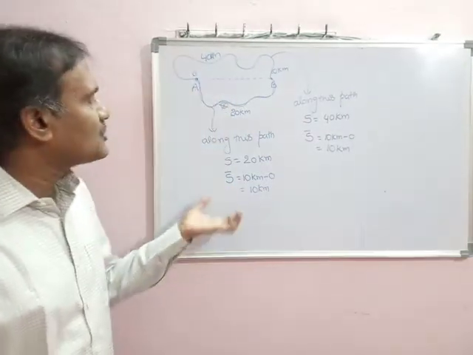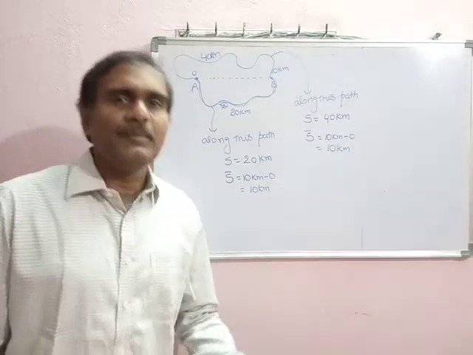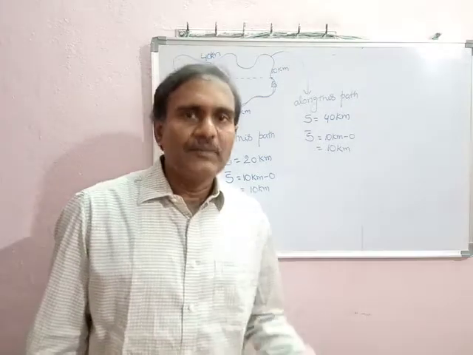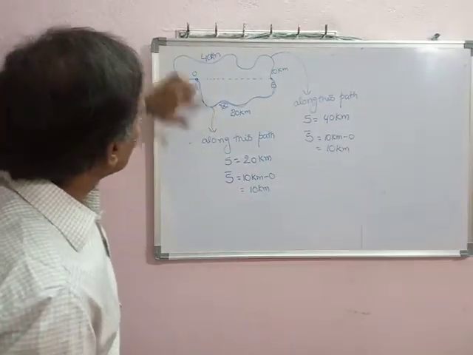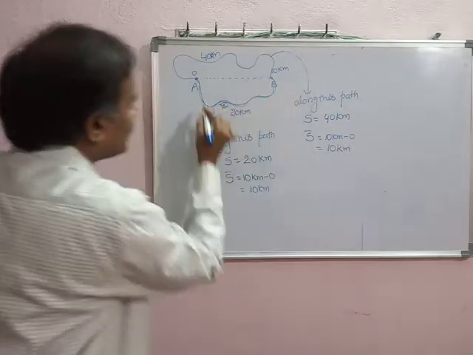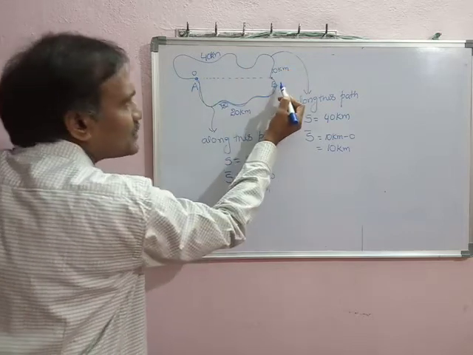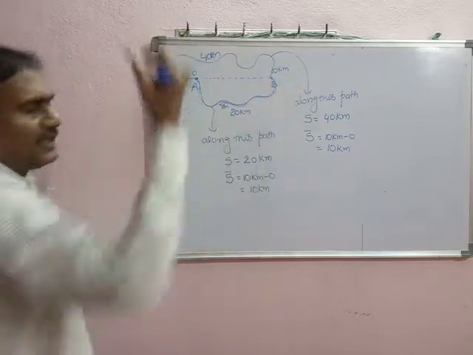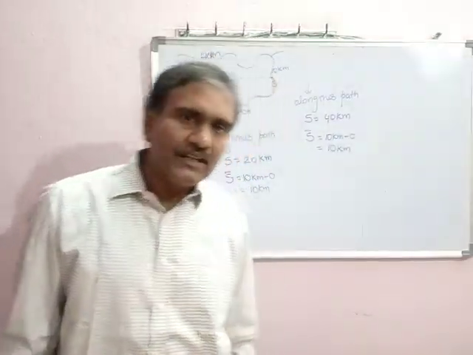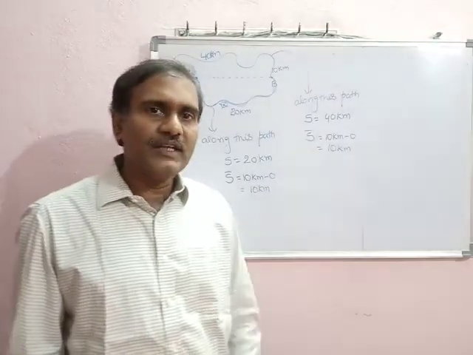It is the shortest distance traveled by the particle, or the shortest length of the path traveled by the particle. Now here, which is the shortest length of the path? Here there is no road. This is one path and this is another path to reach station B from A. Is the displacement 20 kilometers, because this is the shortest path?